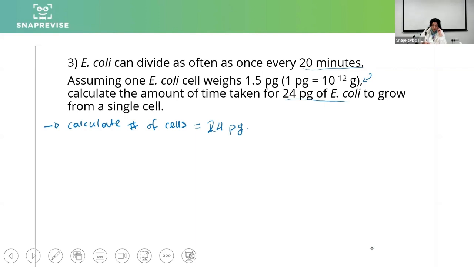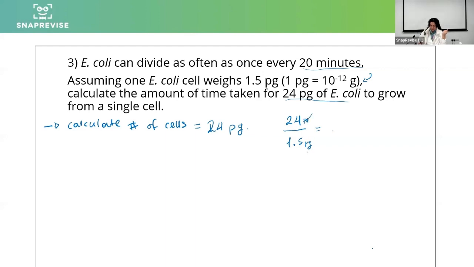So I will do 24 picograms divided by 1.5, which is the weight of one cell. And that gives me the number 16. Obviously, this is picograms. This is picograms. The units cancel each other out, the top and bottom of the fraction. So that gives me the number 16. So 24 picograms correspond to 16 cells.